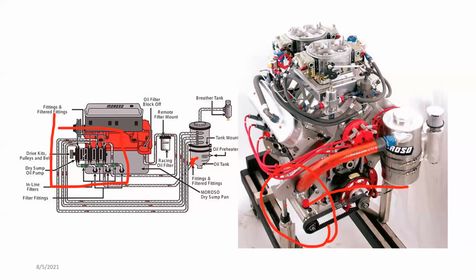Let me check which one. Okay, the last one. The oil comes this way and goes through the pump. Now lubricant from the separate tank goes back to the pump, and it's pressurized.